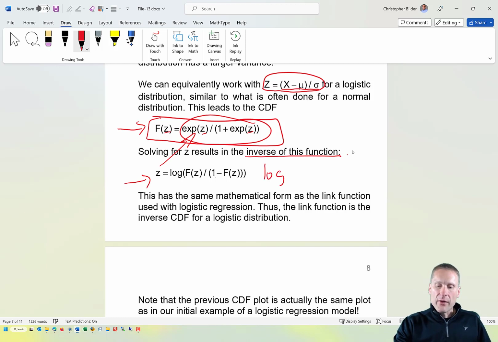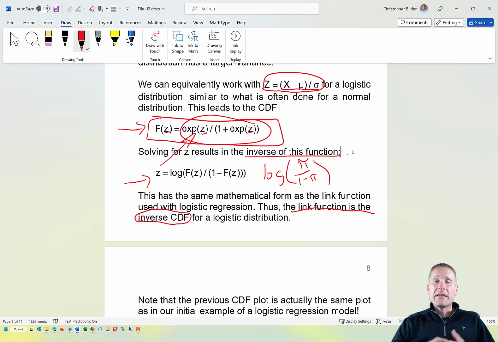This has a very similar form to what we've seen before for a logistic regression model. And so what we see here is that the link function for a logistic regression model is actually the inverse CDF of a logistic probability distribution. This is where logistic regression gets its name, from using a link function that's the inverse of a CDF for a logistic probability distribution.